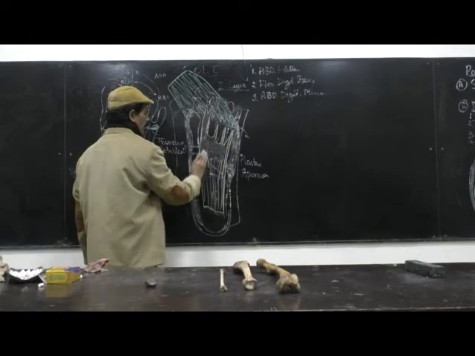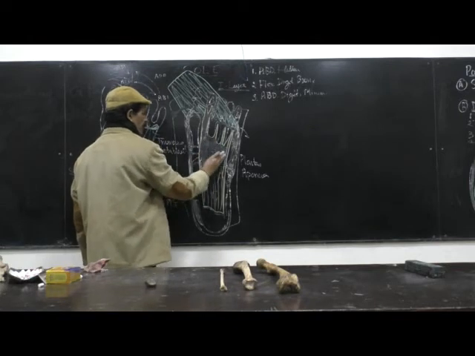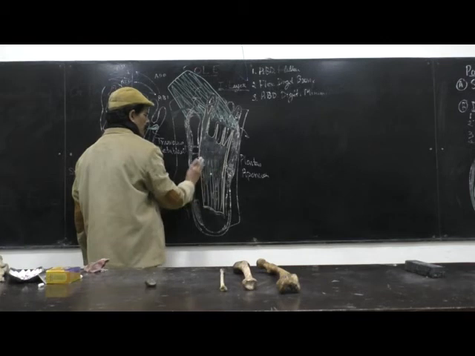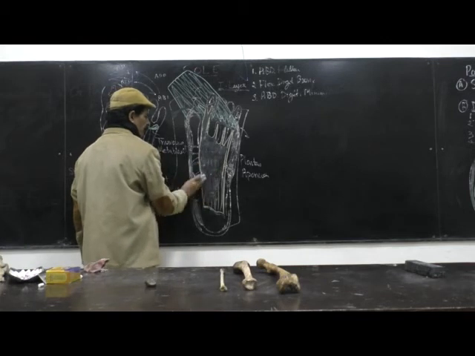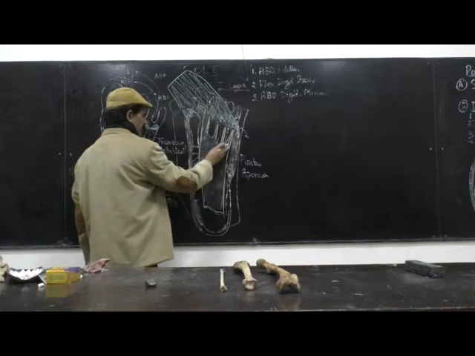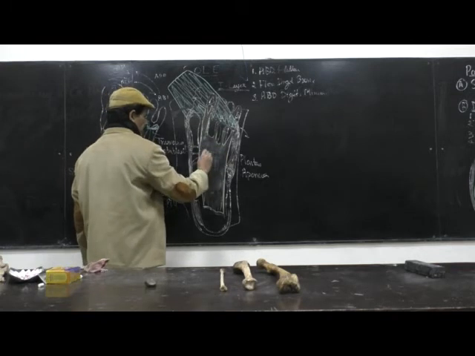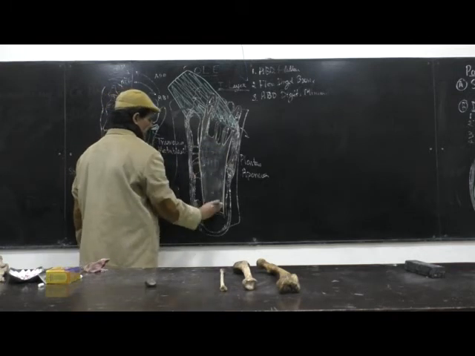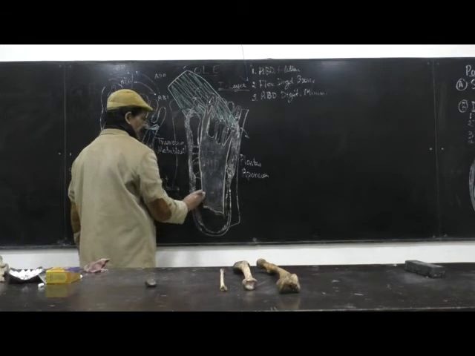In every finger the same thing is happening. So all are inserted, after crossing, on either side of the middle phalanx. That is the fate of the flexor digitorum brevis.